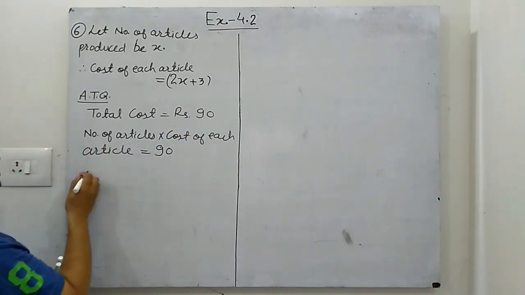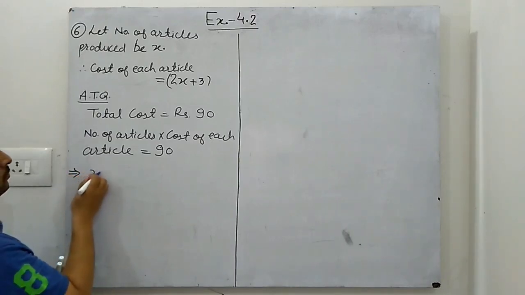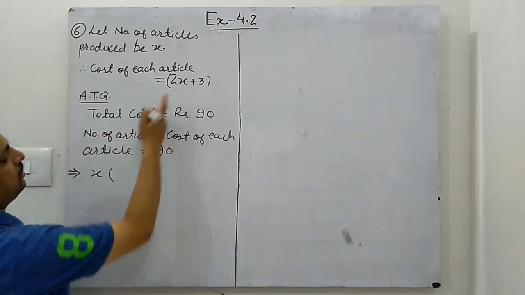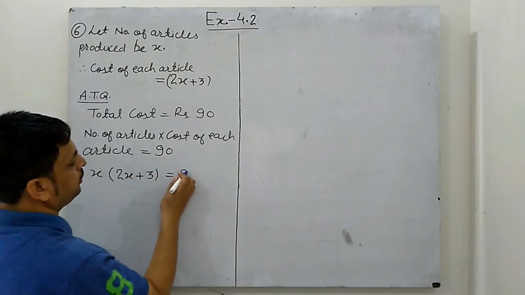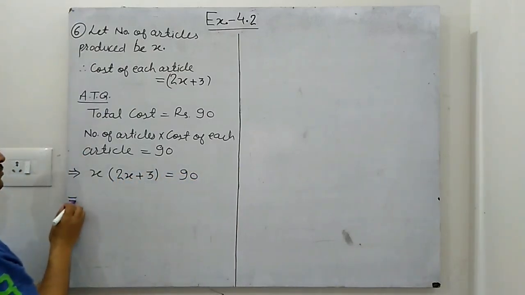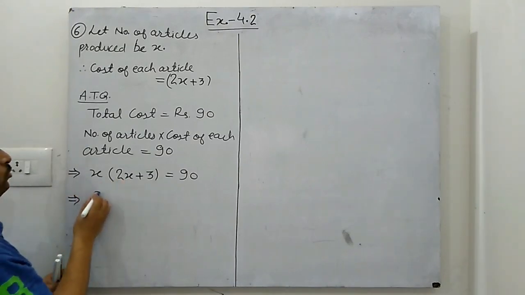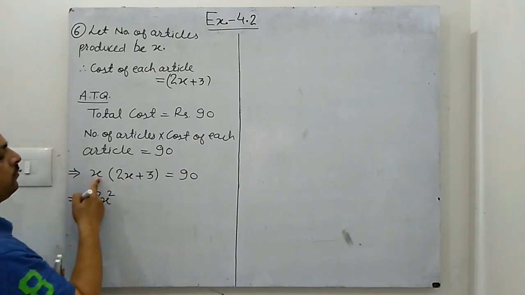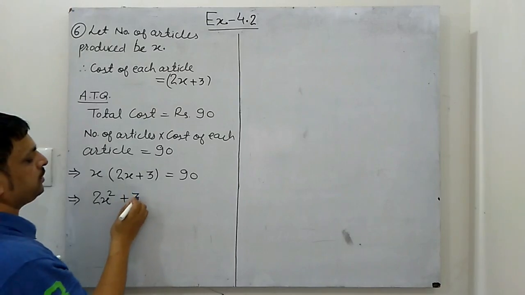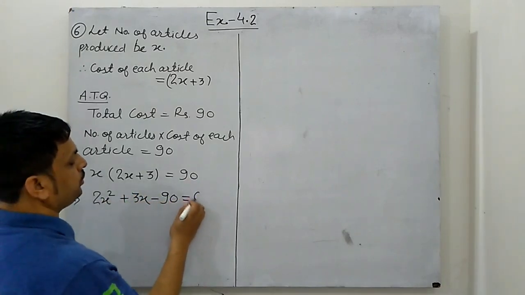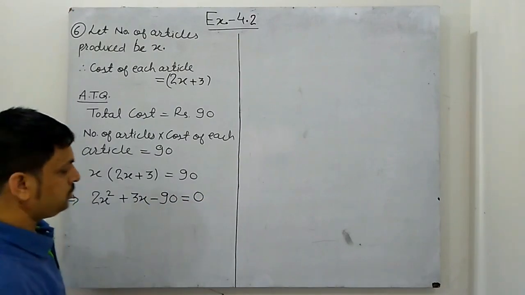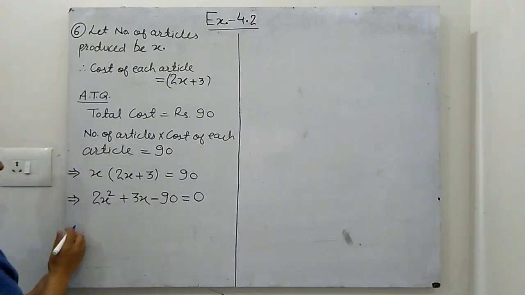Number of articles is x and cost of each article is 2x plus 3, equal to 90. Now we can solve this equation. X multiplied by 2x is 2x square. X multiplied by 3 is 3x, and this 90 will be shifted to the left hand side, so it will be negative, equal to 0.